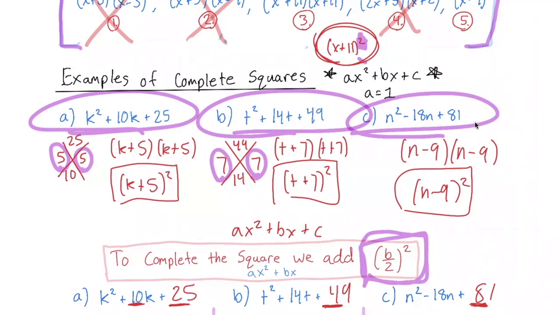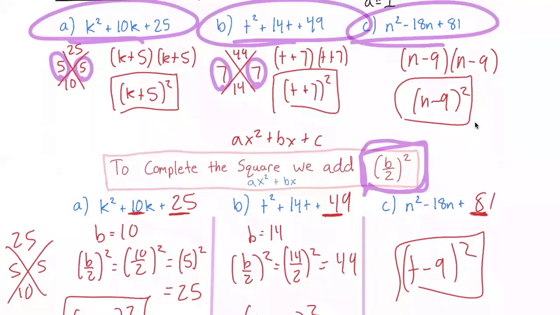So our goal is to get something that looks like this. To help us, we have this little formula, b over 2 squared, which helps us find that third number. So this is that third number right here.